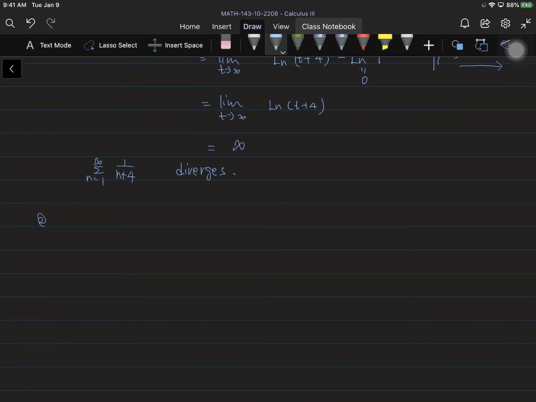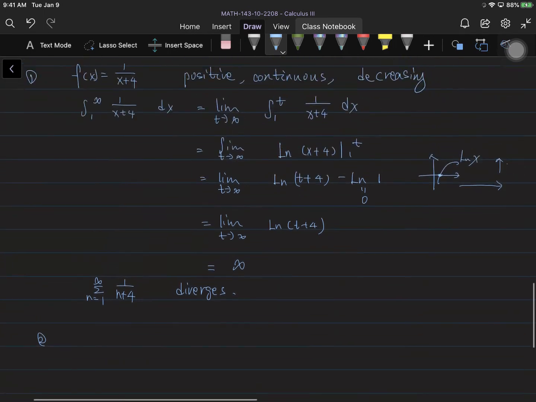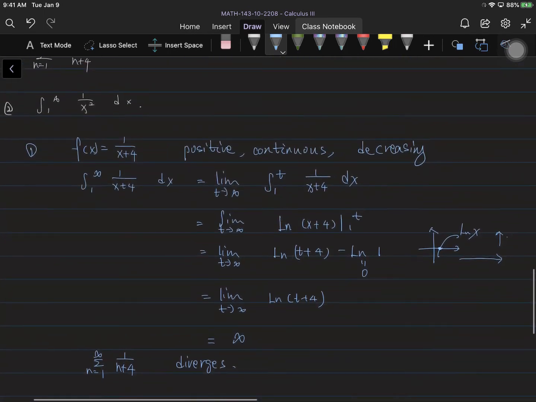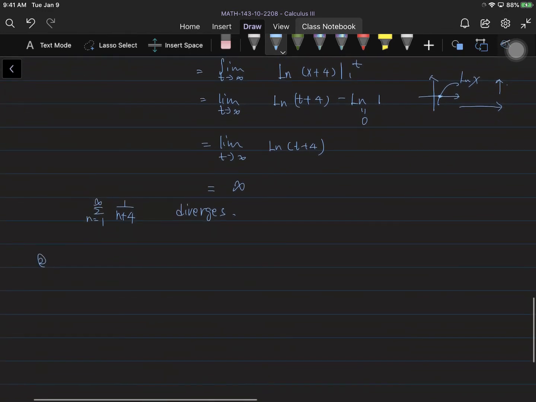Second one, what is the function? The second one, let me take a look. Integral of 1 over x squared. Same thing, we set up our function. Continuous, decreasing, positive. Okay.